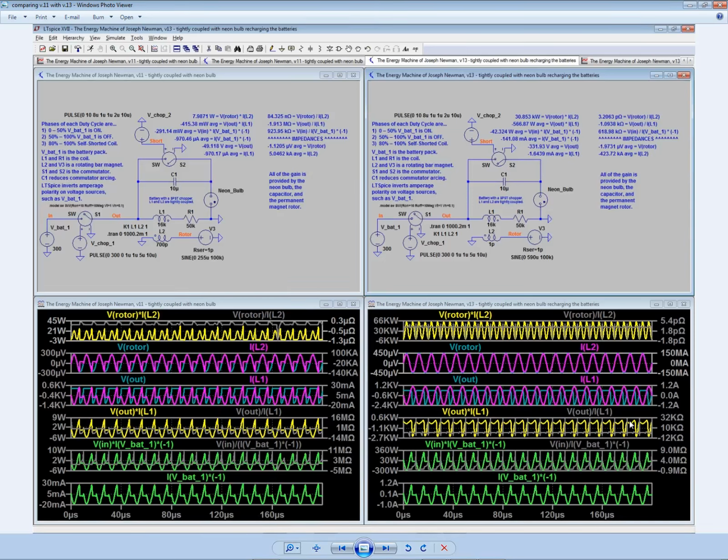Oh yeah, I thought the waveforms were interesting. So in this case, when I'm charging the batteries successfully, I have sine waves really coming down here. Here's the rotor, the spinning magnet up here, and here's the battery pack down here, and here's everything else in the circuit in between.